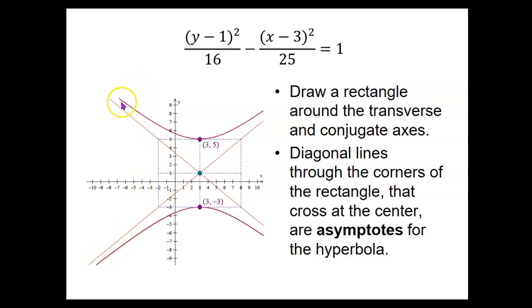That means that the hyperbola itself will never quite touch those asymptotes, but it will get closer and closer to them. So if you zoom way out, the parts of the hyperbola that go way out there are getting closer and closer to these straight diagonal lines.